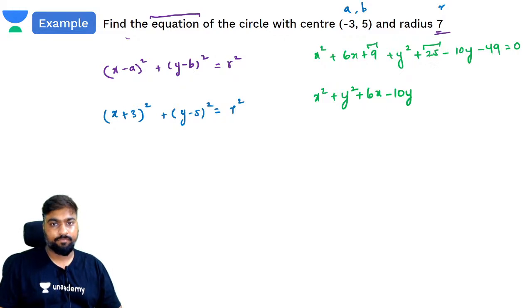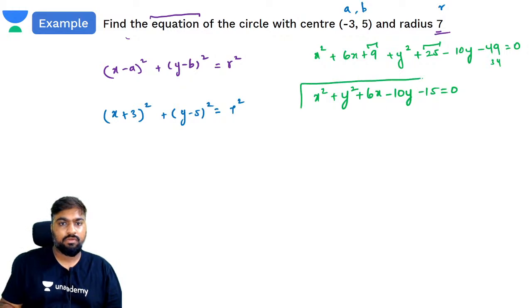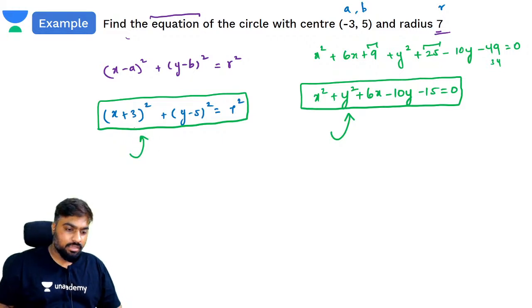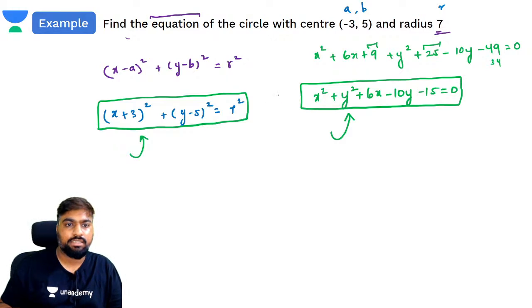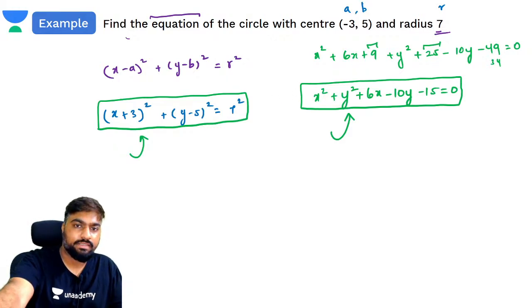This is what? 49 minus 34 is how much? Minus 15 is equal to 0. So your answer choice could be of this form, it could also be of this form. Yeah, done. कोई भी एक फॉर्म में हो सकता है, both are the same only, this is expanded form of it, that's it. Yes, चलो.